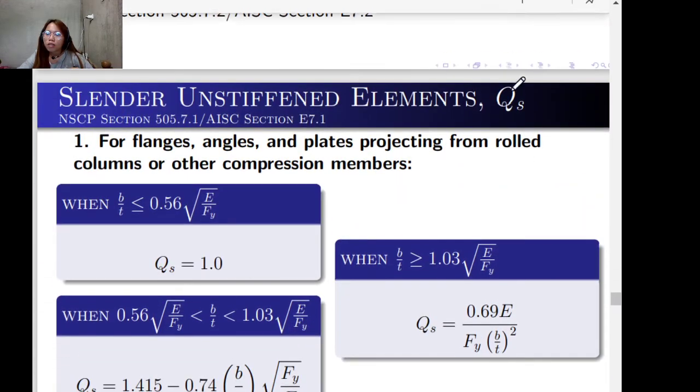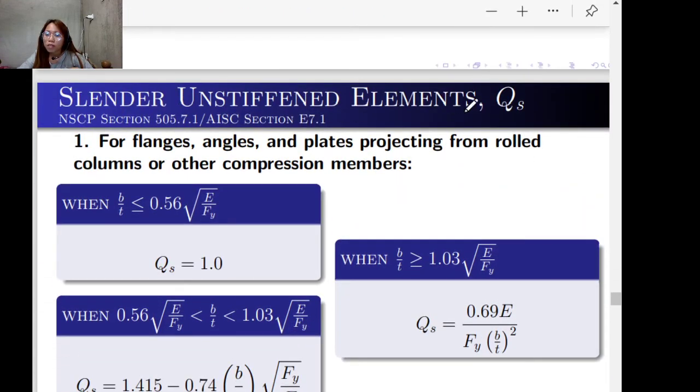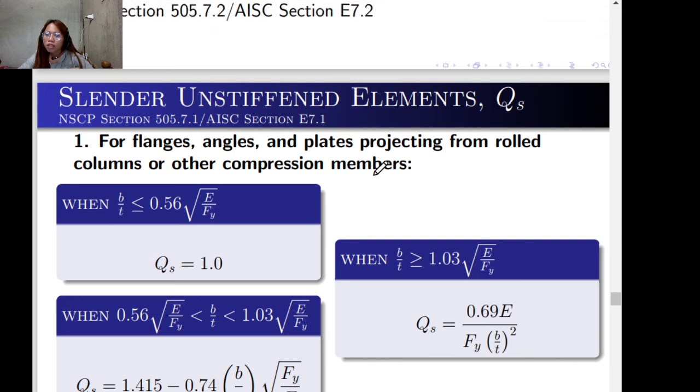We have this Q sub S, which is for the slender stiffened element. Try to see the NSCP 505.7.1 or AISC section E7.1 for flanges, angles, and plates projecting from rolled columns or other compression members.